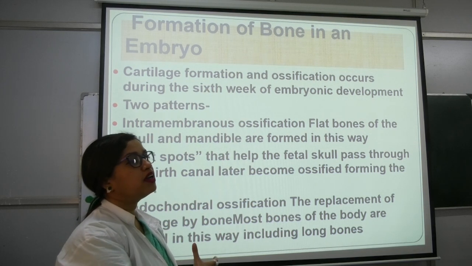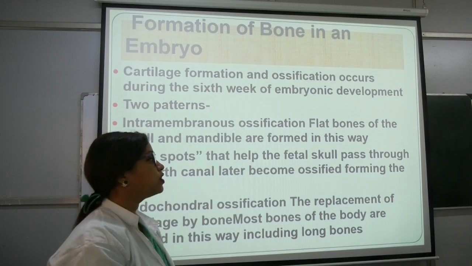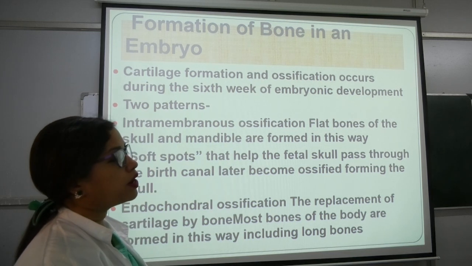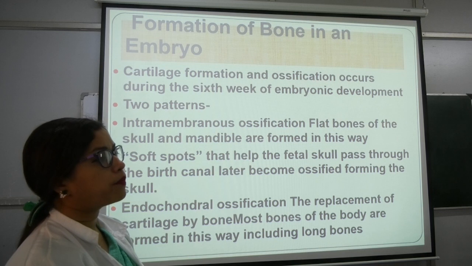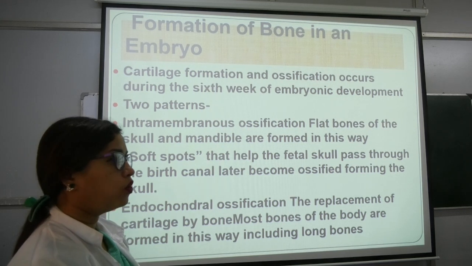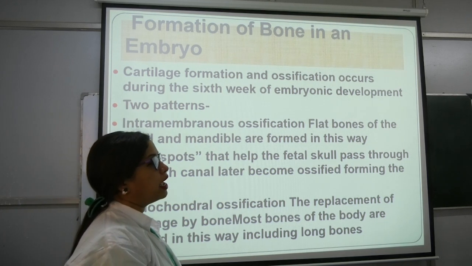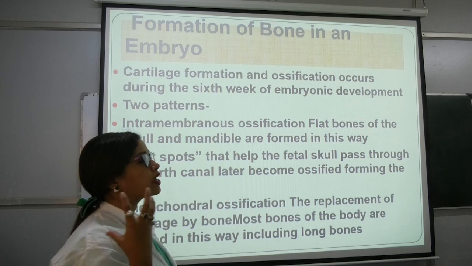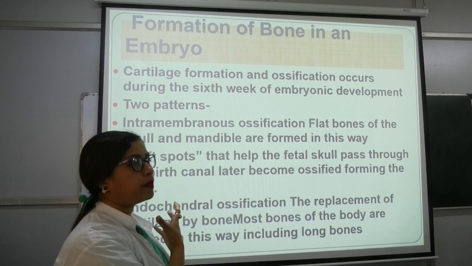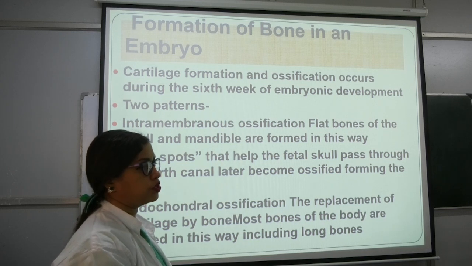So that the head could easily come out through the pelvic cavity. That is intramembranous ossification. That soft part ultimately goes on to form the bone, from membrane to bone. And in the skull bone you are getting so many pneumatic parts, which is also because of intramembranous ossification.